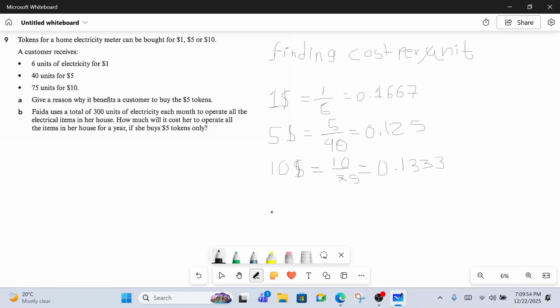Okay, so as you can see, comparing all of these, the lowest cost per unit is the $5 one. This is the lowest cost. So this one was the lowest cost per unit, so this is why $5 is our answer.